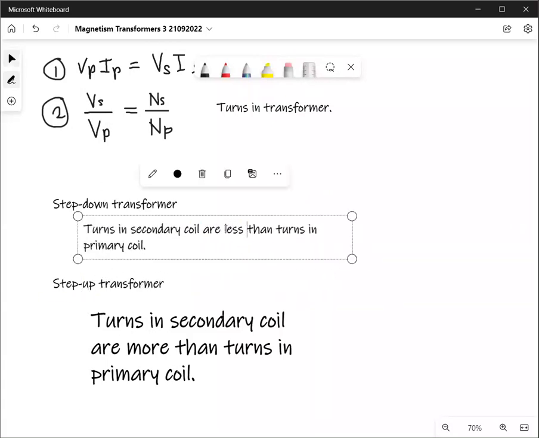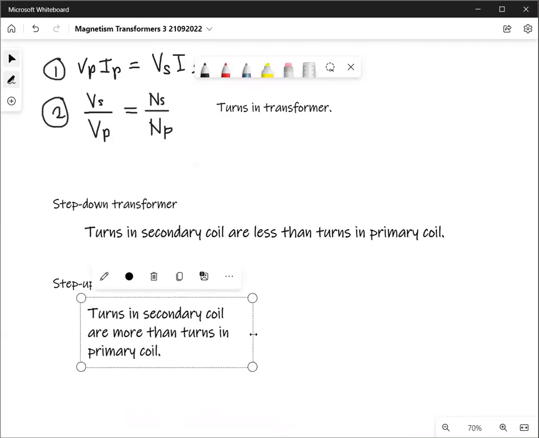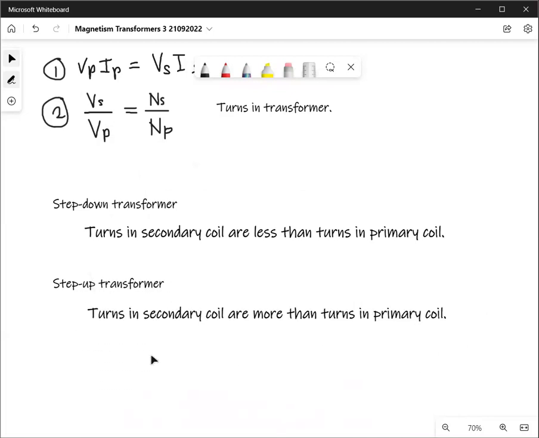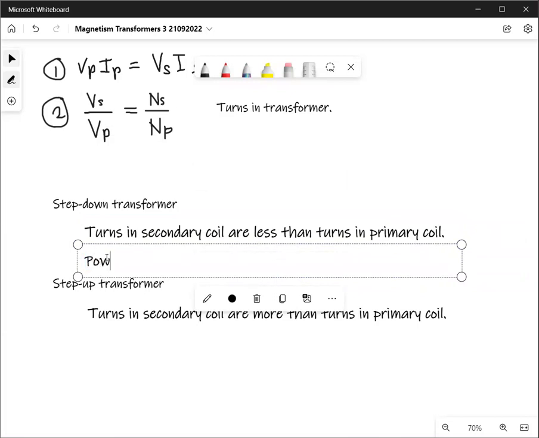Just write this in your notebook if you haven't already. There's one more line you need to write here, which is power: current in secondary is less than current in primary.